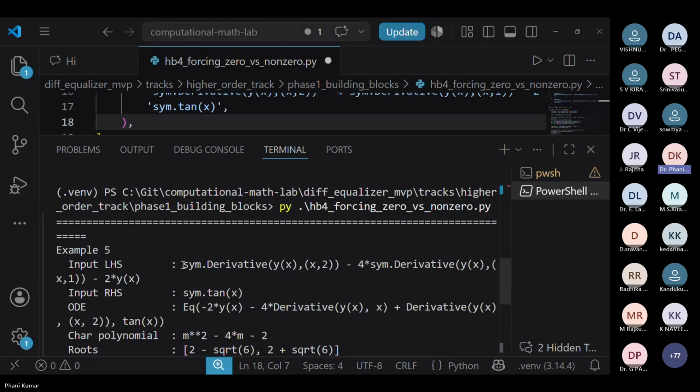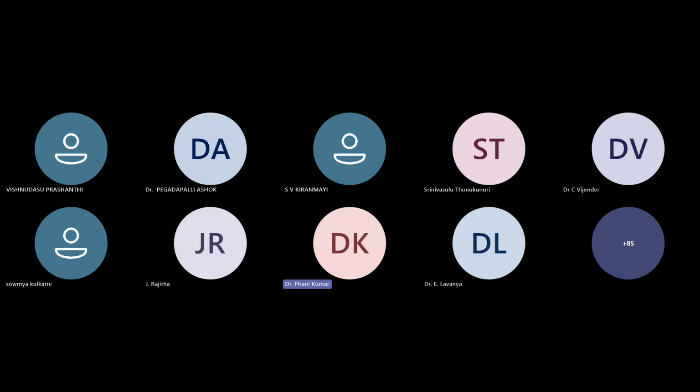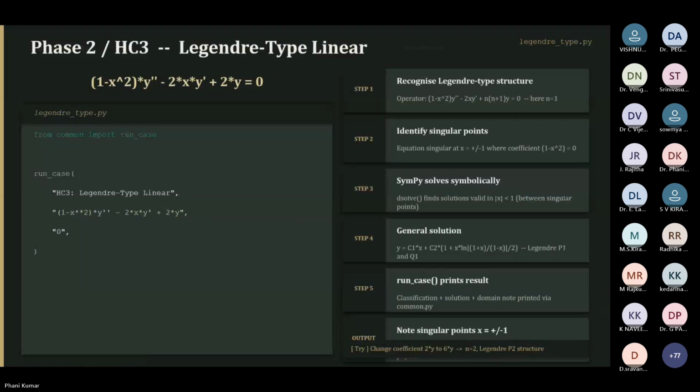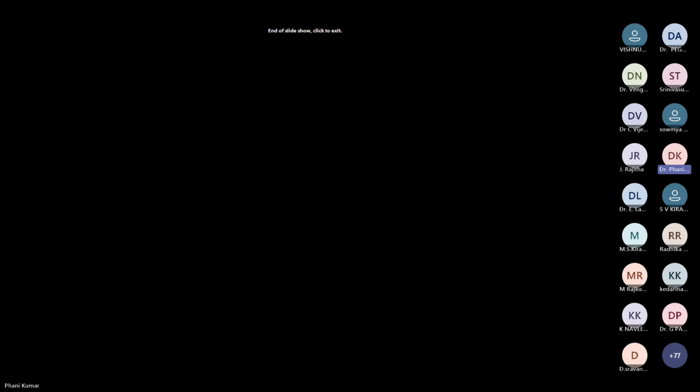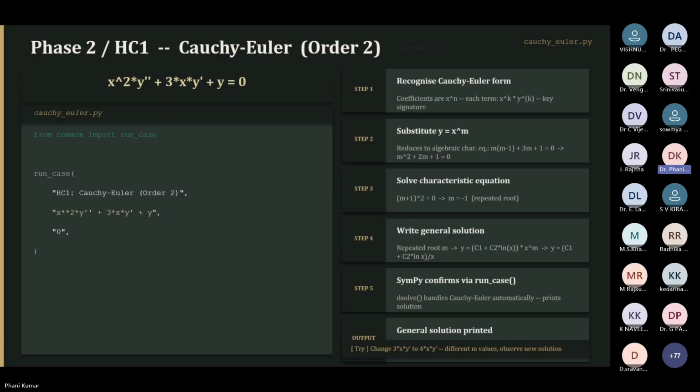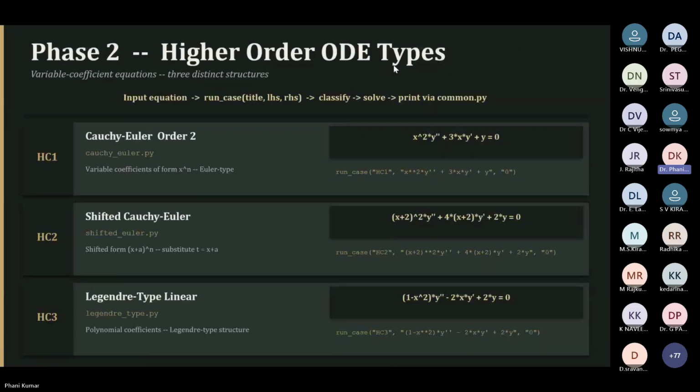Right. So again we come to the slides. We have here the programs that are already there for the Cauchy linear equation, but we don't want all of those programs.